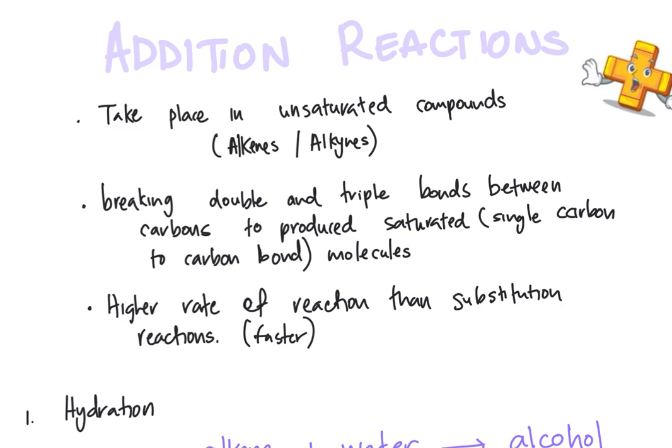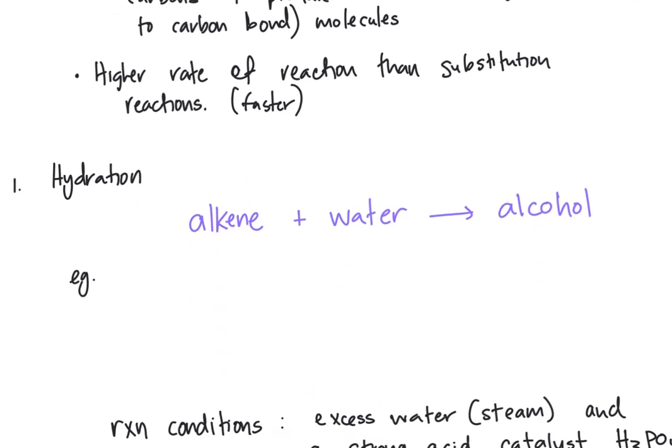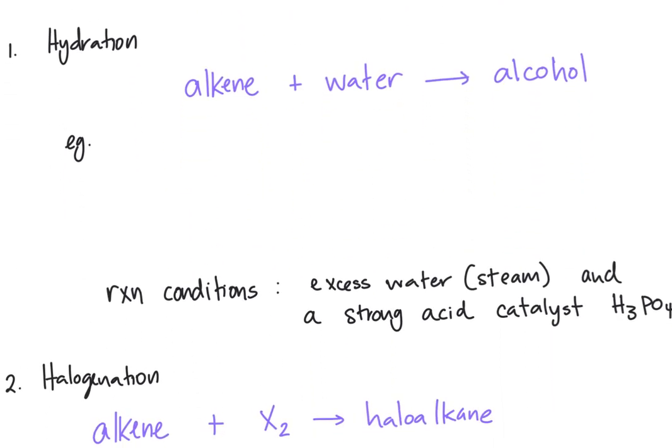So we've got a list here of different types of addition reactions. There's a base formula, and I'll show you an example of each one, structural formula or semi-structural formula, so that you can start getting a little bit of practice for tests or exams. Alright, the first reaction we have is hydration.